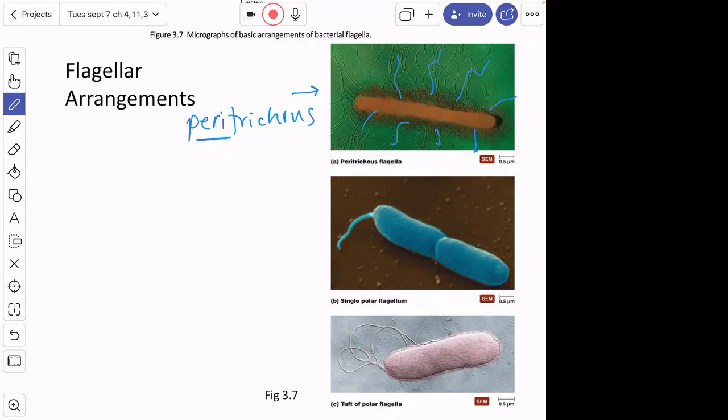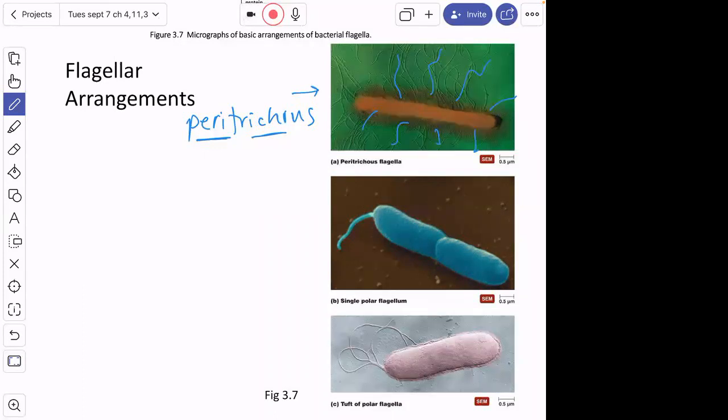If you're going to measure the perimeter of a room, you're going to measure all the way around the room. Okay, so trichus refers to hair-like structures. So hair-like structures all the way around the cell.